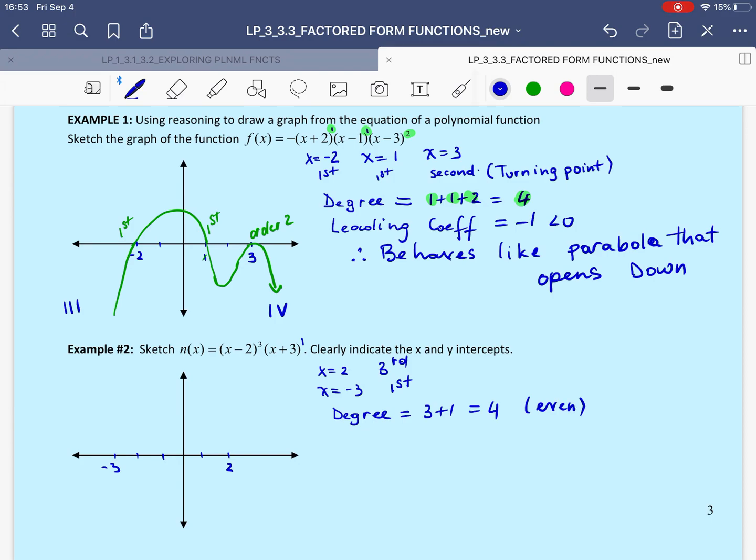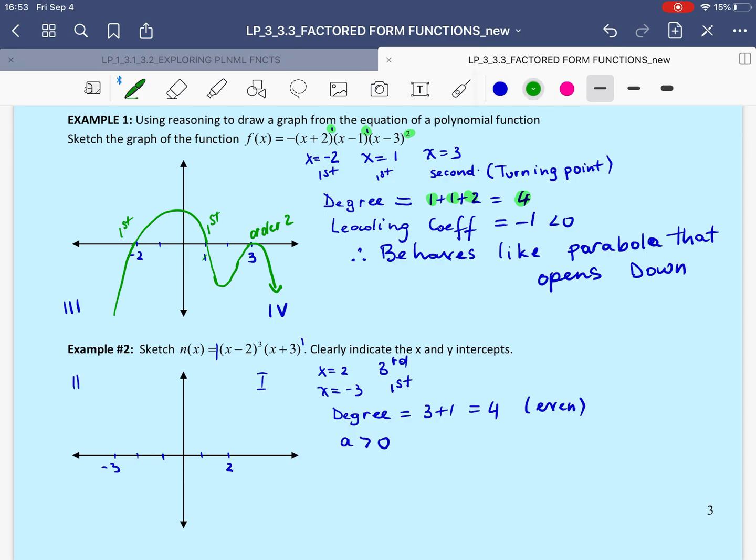So that's even. And the leading coefficient is positive because it's positive 1. Now, since this is an even degree function that has positive coefficient a, it means that the function will go from quadrant 2 to quadrant 1, just like the parabola that opens up.